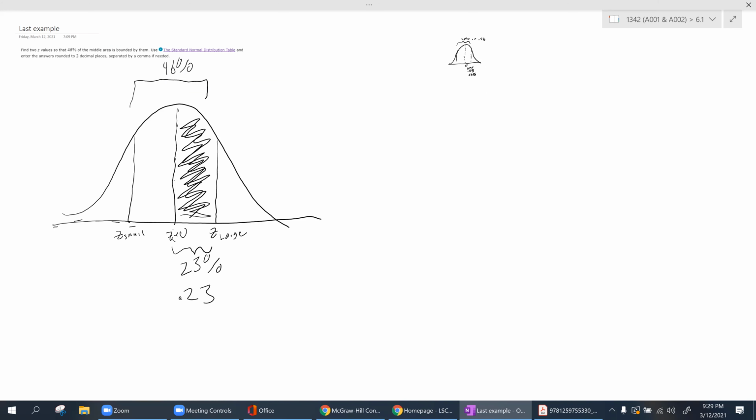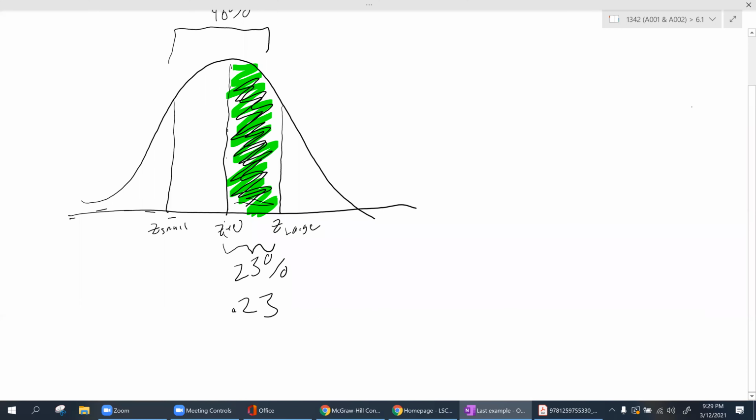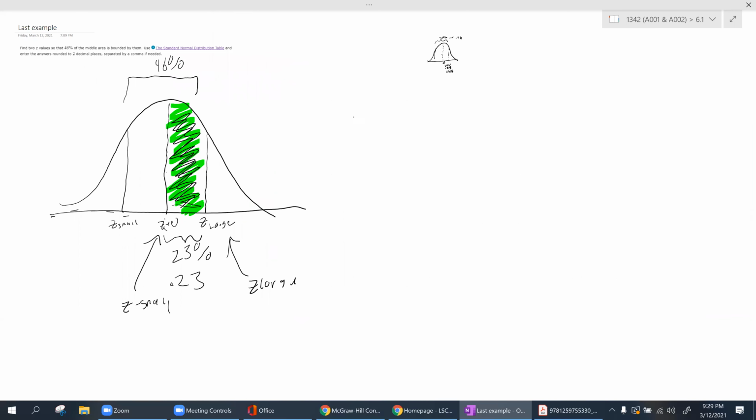Let's focus on these two. I'll worry about z small later. I'm going to be worried about specifically this area. This is just like the ones we were doing earlier. This here would be my z large, and this here would be my z small. To find that area, z large minus z small is equal to the probability.